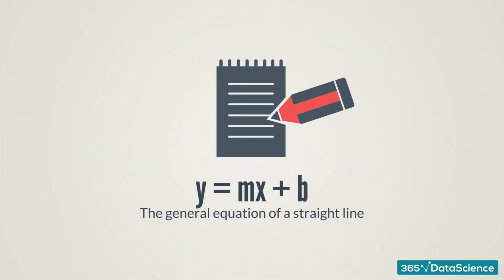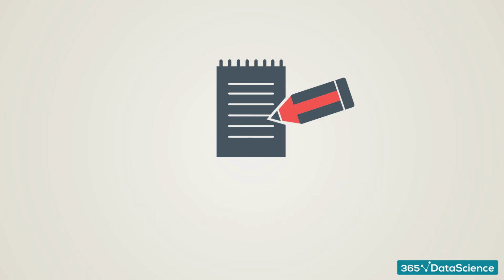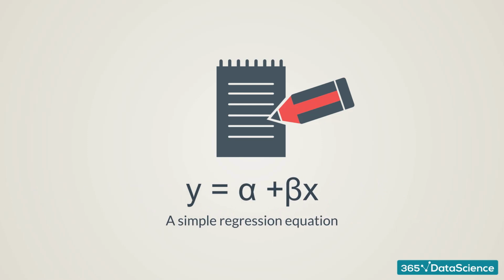We have all done basic algebra, right? Remember the equation of a straight line, also known as a linear equation? It is y equals mx plus b, where m is the slope of the line and b is the y-intercept. Great! Given this is a linear regression and its output is a line, we would expect to obtain an equation with a very similar shape to this one.